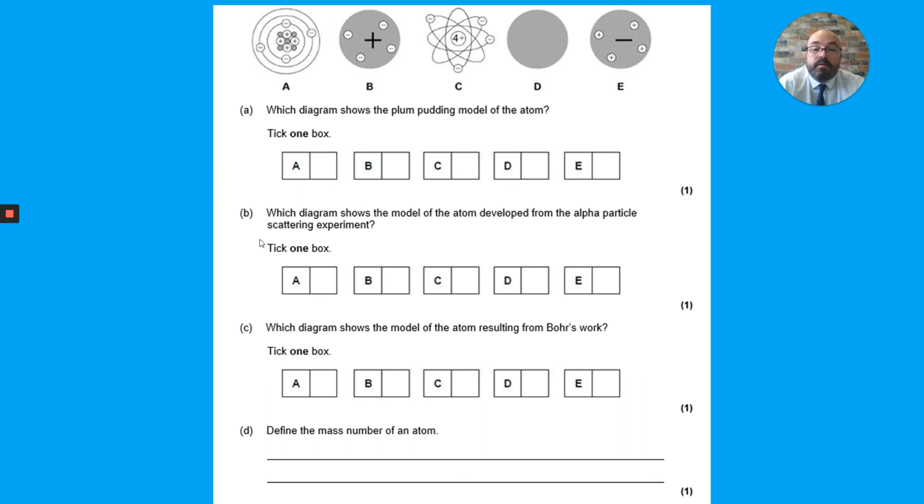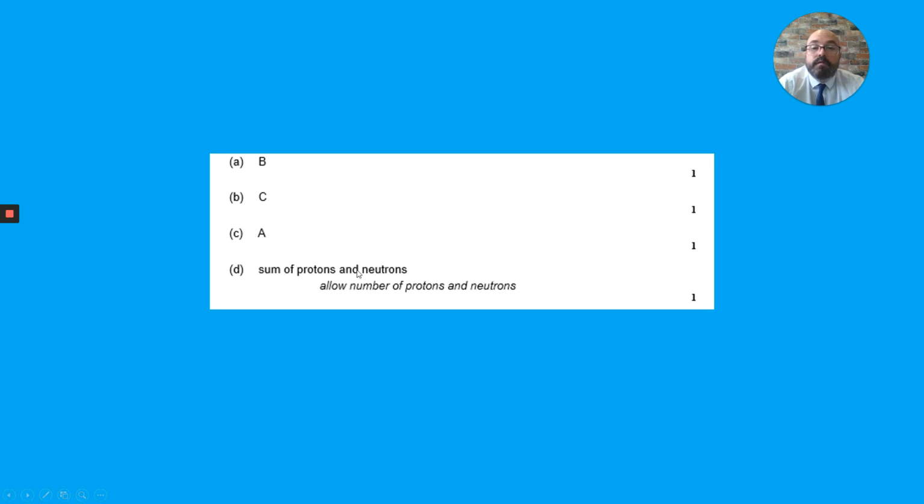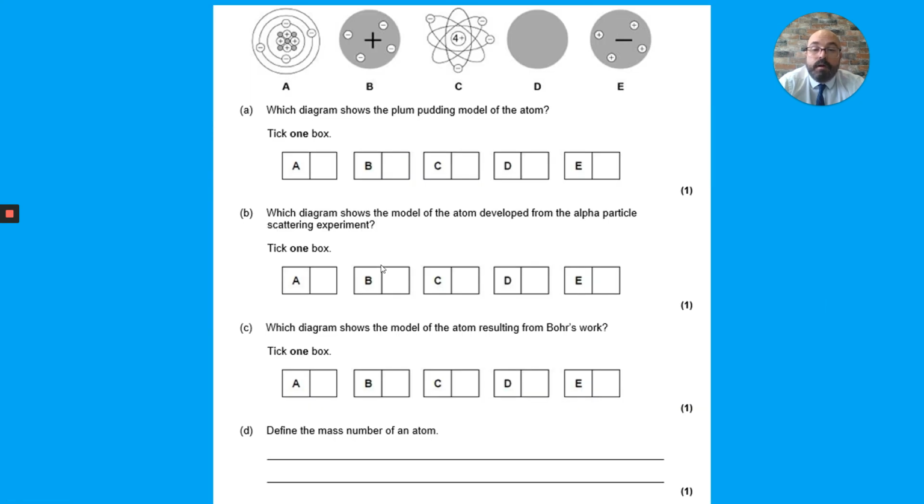It's in the nucleus, so we can see it's the sum of protons and neutrons, or the number of protons and neutrons. Word of caution, you must mention both protons and neutrons for that. Again, it's only 1 mark, but these are little marks that people may tend to lose, which will reduce their exam performance.